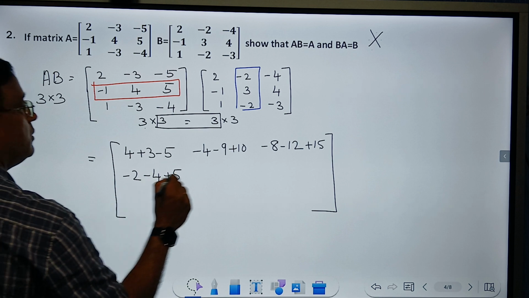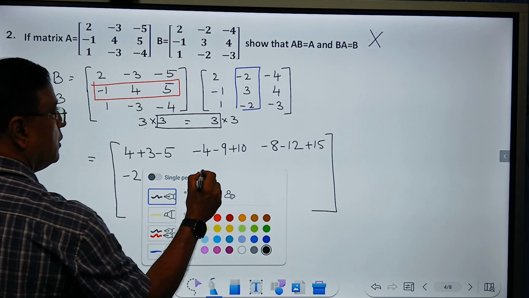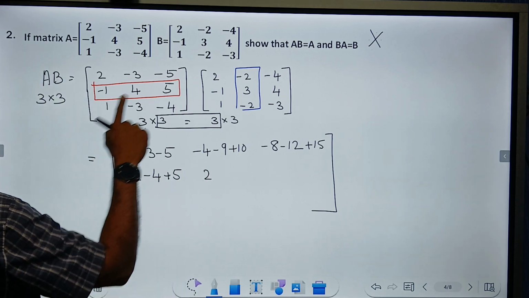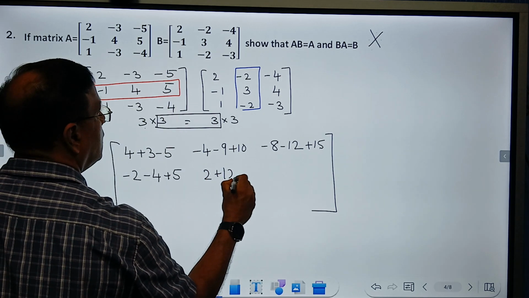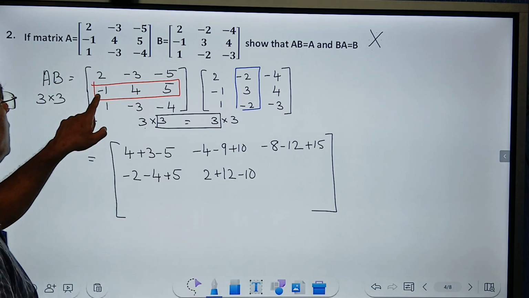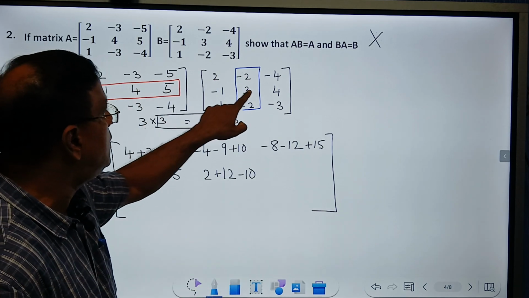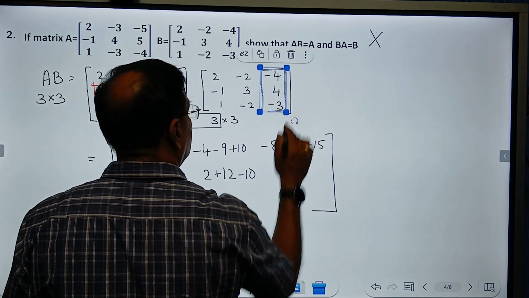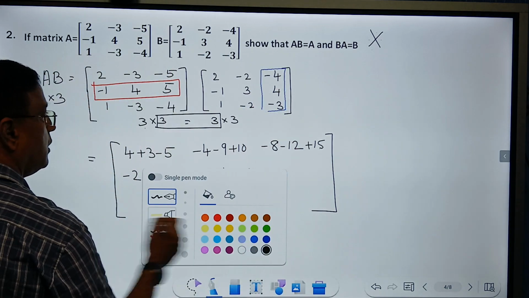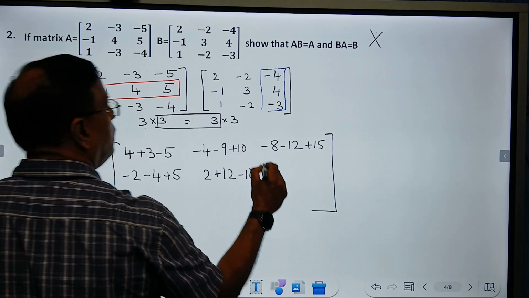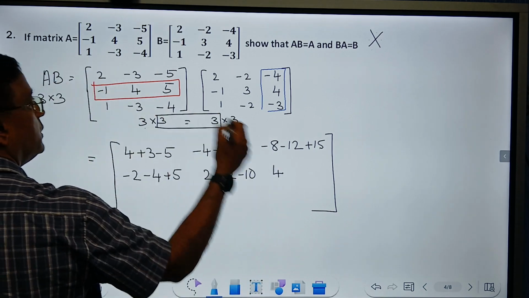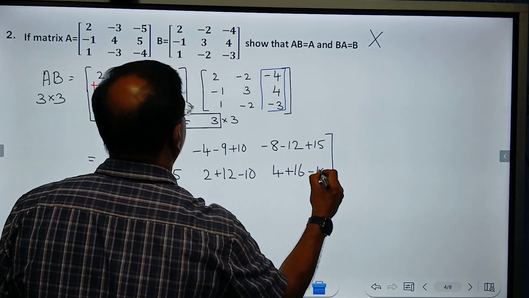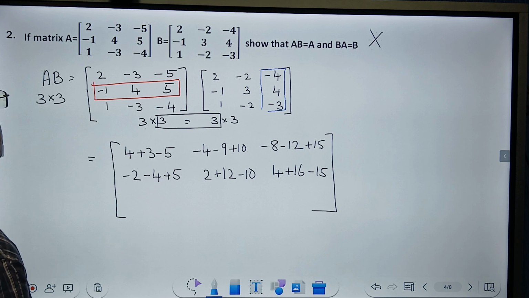This is 2, sorry, this is 2 plus 12 minus 10. Change this counter. What do you get? It will be 4, 16 and minus 15. Correct?